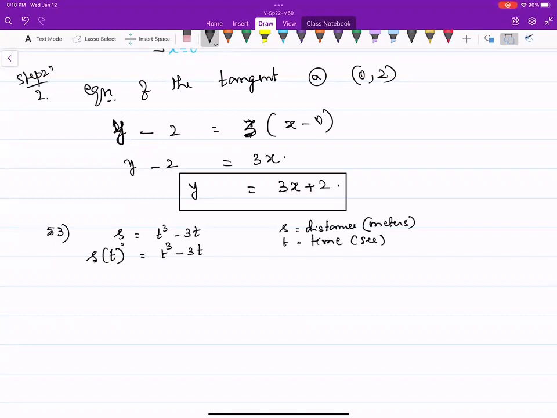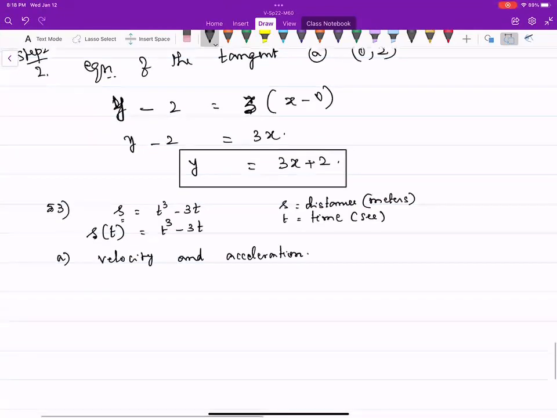What is the distance covered at a particular time t? So let's start with the first one. The first part is asking us to find the velocity and the acceleration at any time t.